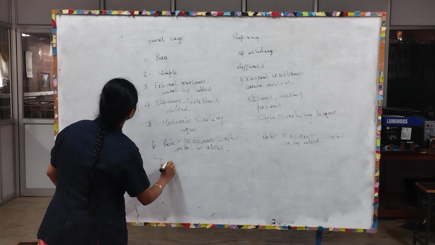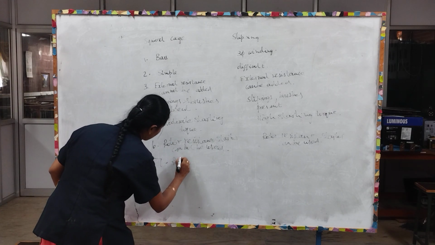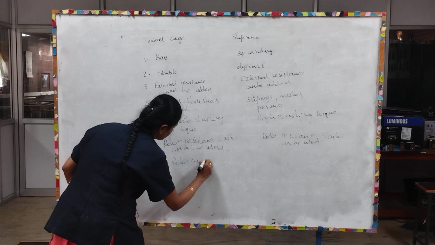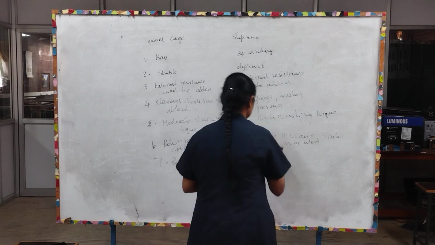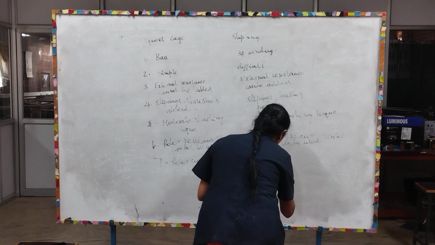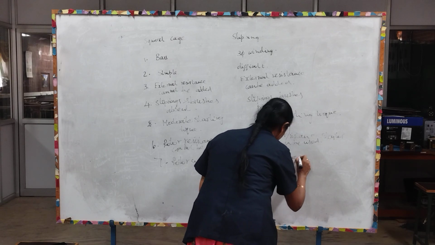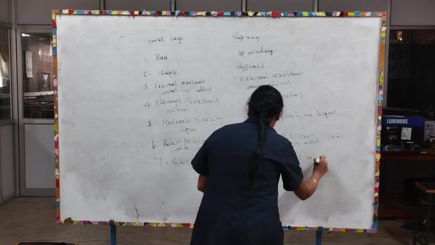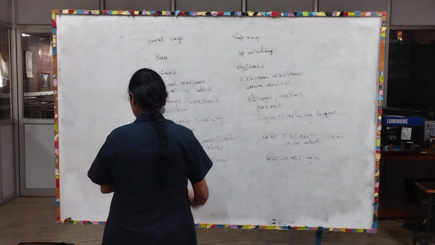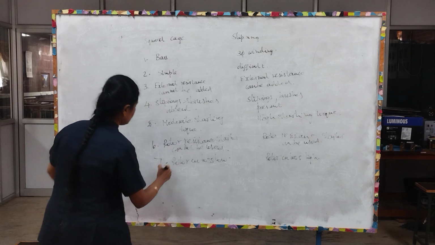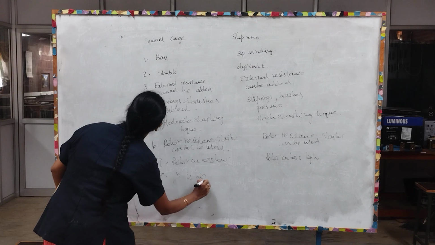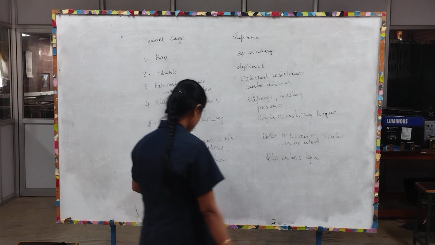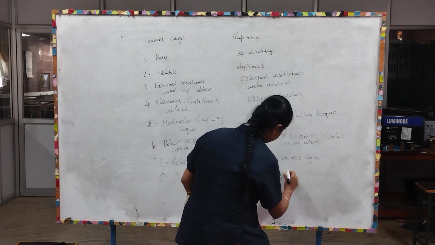In squirrel cage rotor, copper losses are low because we are not connecting resistance. In slip ring, rotor copper losses are high. So in squirrel cage efficiency is higher, and in slip ring efficiency is lower.